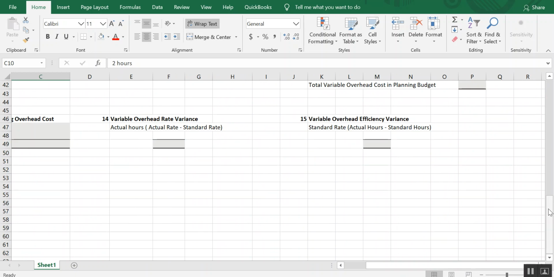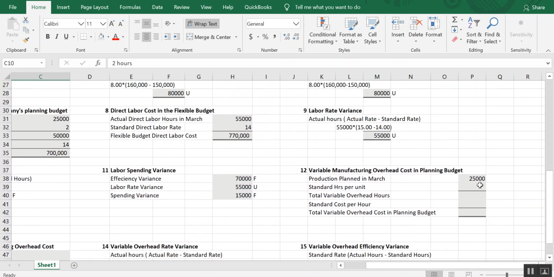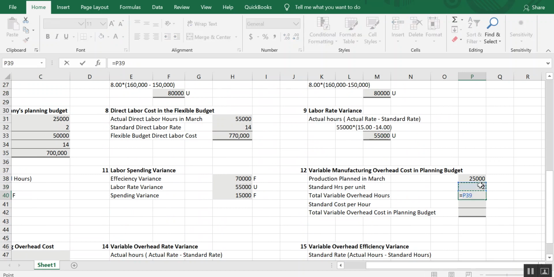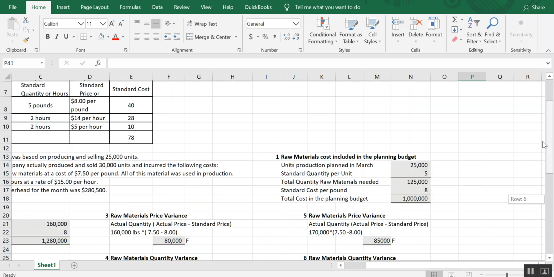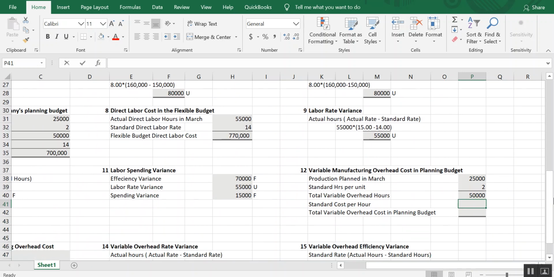So I have 2 hours per unit, and I'm going to multiply these two to get 50,000 variable overhead hours. Now, the standard cost per hour that we had up here was $5 an hour. So we're going to put that in here, and we'll do the math.